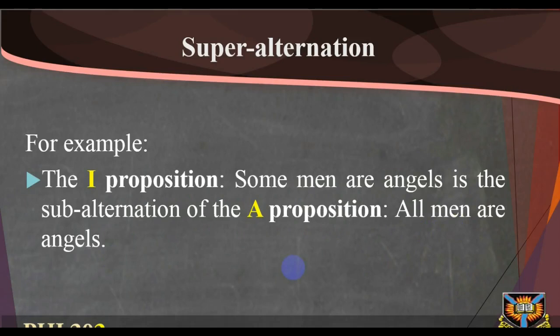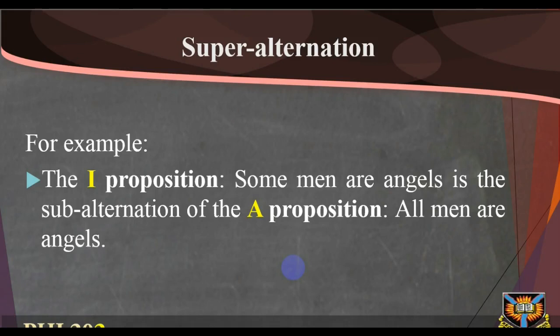The immediate inferences from the various oppositions we have discussed so far can be summarized as follows. 1. If the A proposition is true, then E is false, I is true, and O is false. 2.